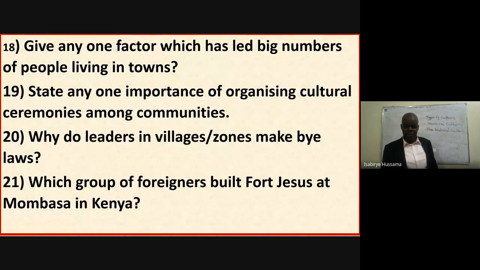Please, may I ask my candidates who are taking notes to take us through number 20. Still, number 20 will take us to a lower class, and we shall advance up to primary 5 and 6, even 7. But looking at that area of number 20, my team from Senkunja Ismail, let me have one candidate there. Read number 20.